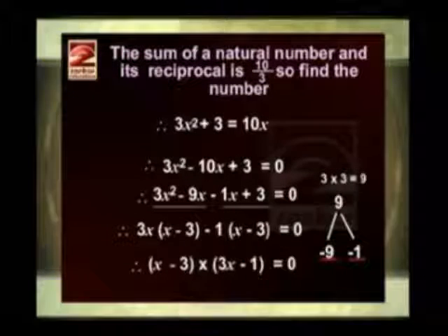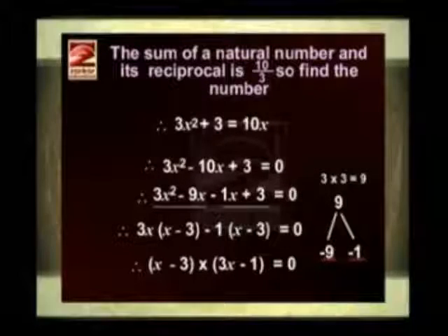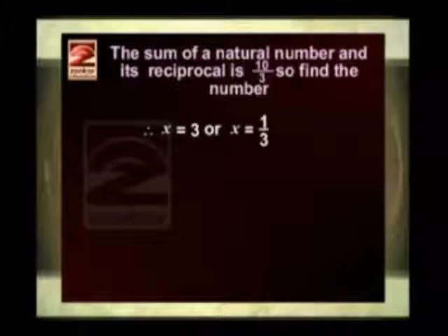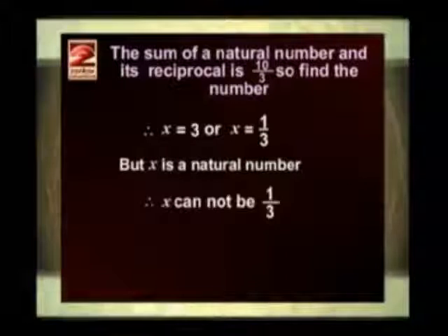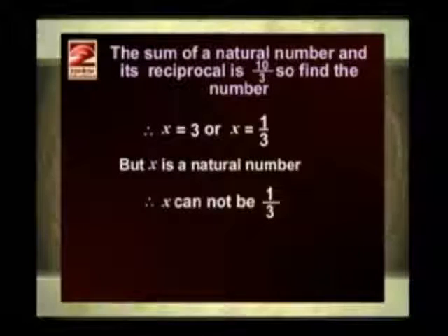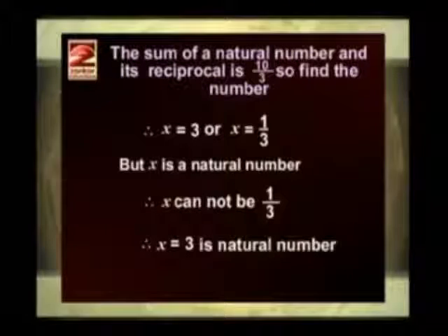Therefore, x minus 3 into 3x minus 1 is equal to 0. Therefore, x is equal to 3 or x is equal to 1 upon 3. But x is a natural number and therefore x cannot be 1 upon 3 and therefore x is equal to 3 is the natural number.